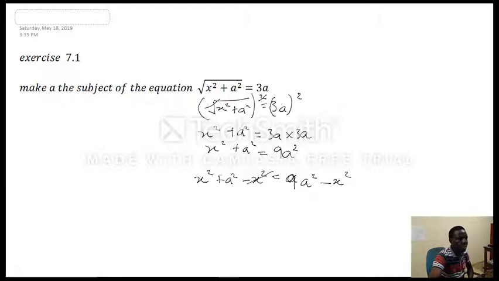So this x squared will go away with this x squared, leaving the left hand side to be a squared is equal to 9a squared minus x squared.